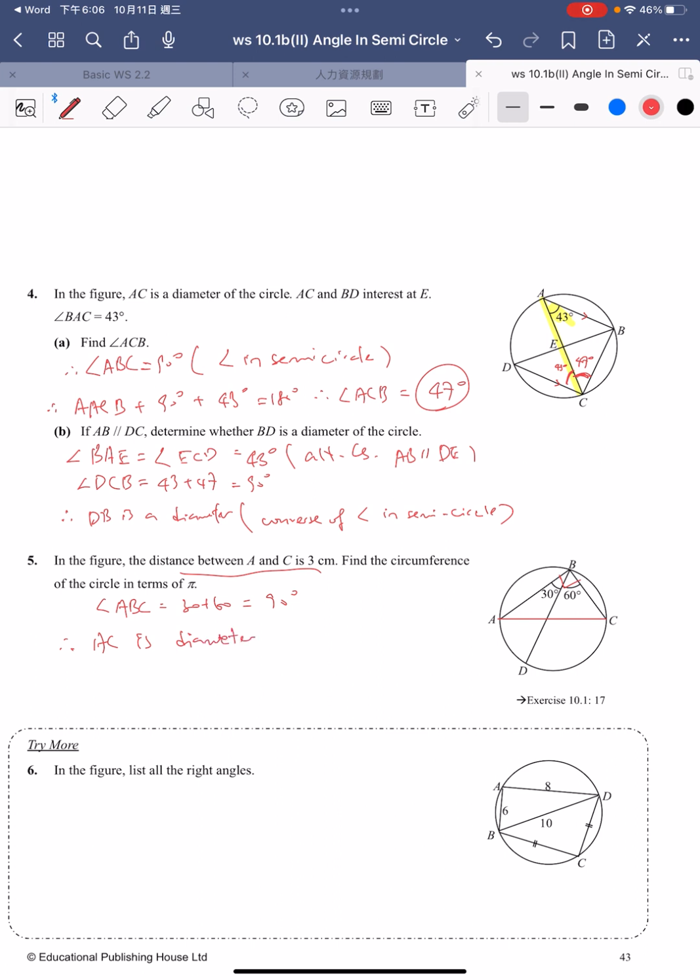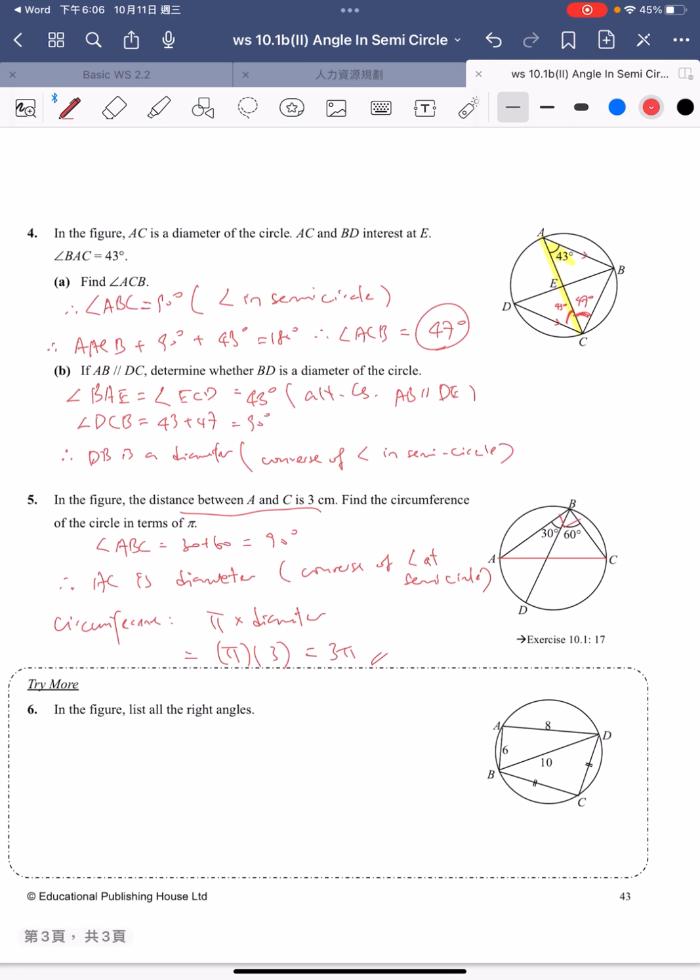You got the angle first, then you gave me the diameter, which means that it's the converse of the angle in a semicircle. So now we find out AC is the diameter. So the circumference can be calculated by pi times the diameter, which means pi times 3, which will give you 3π cm.